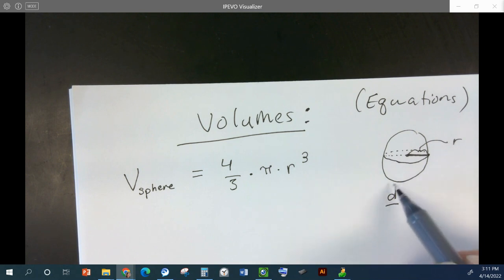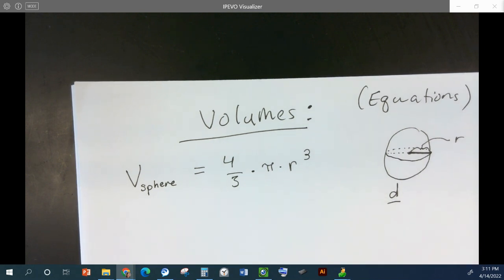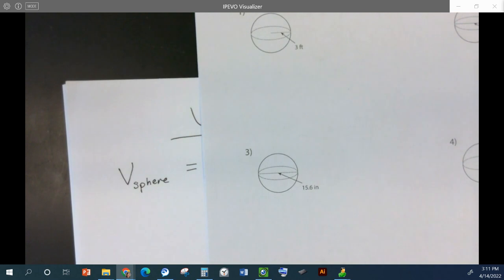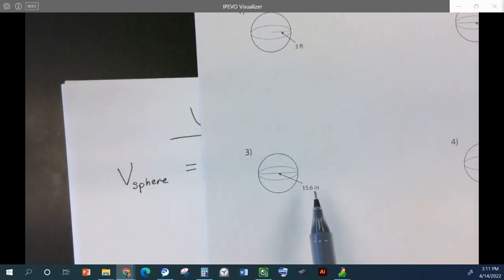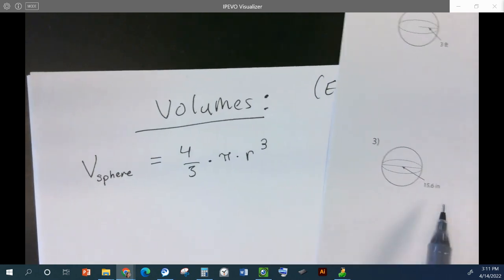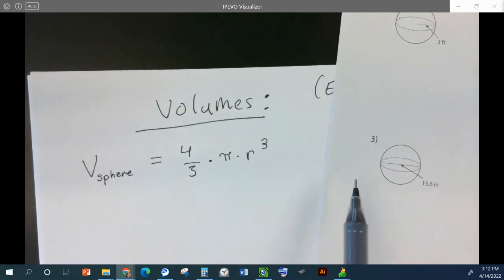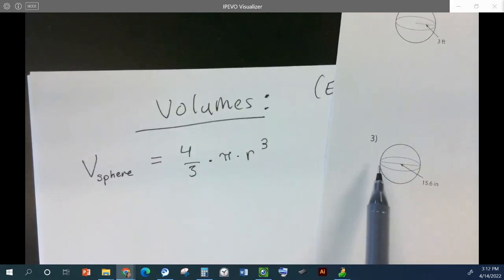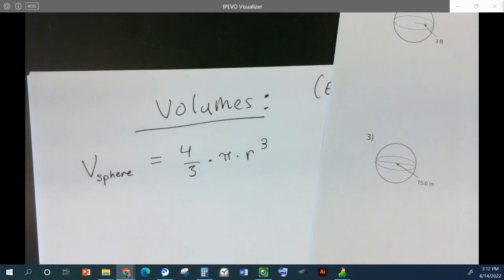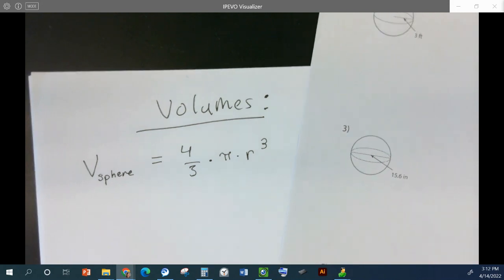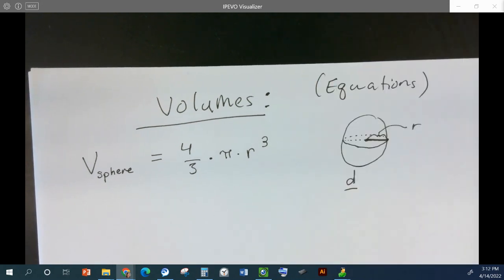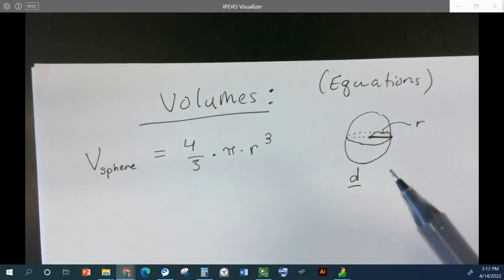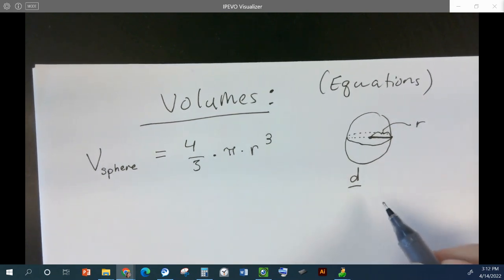So like on number 3, they give you the diameter, but the equation uses radius. So how do you get the radius from the diameter? Good, yep, we're going to split it in 2.